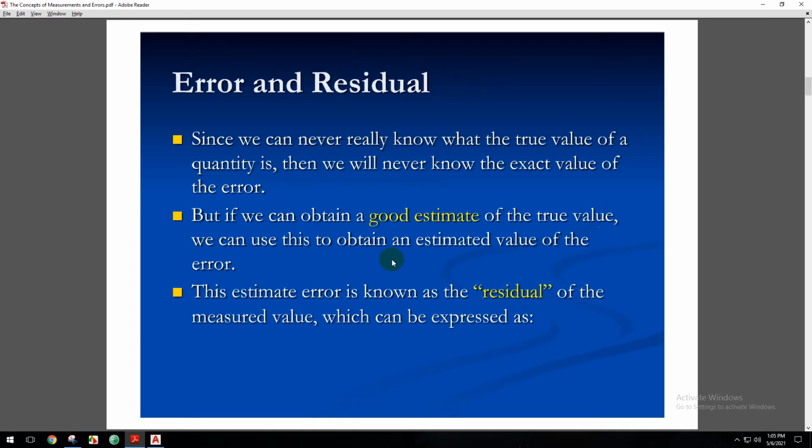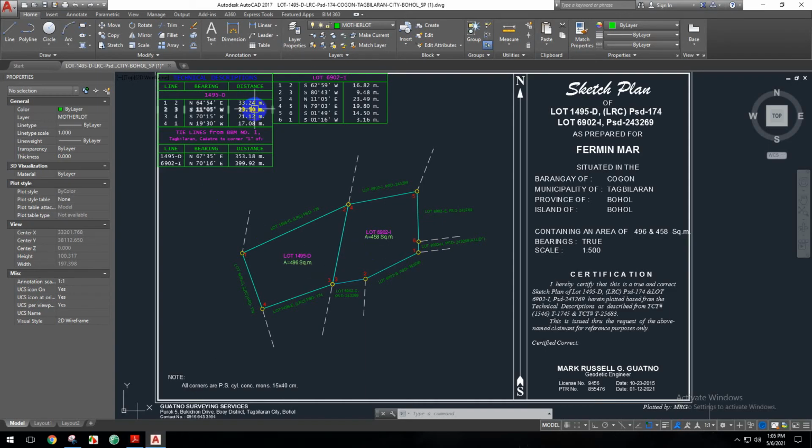So, errors and residuals. Since we can never really know what the true value of a quantity is, we will never know the exact value of the error. So again, the error differs each time. First you measure this lot, for example, and get 33.25, so your error is 1 cm.